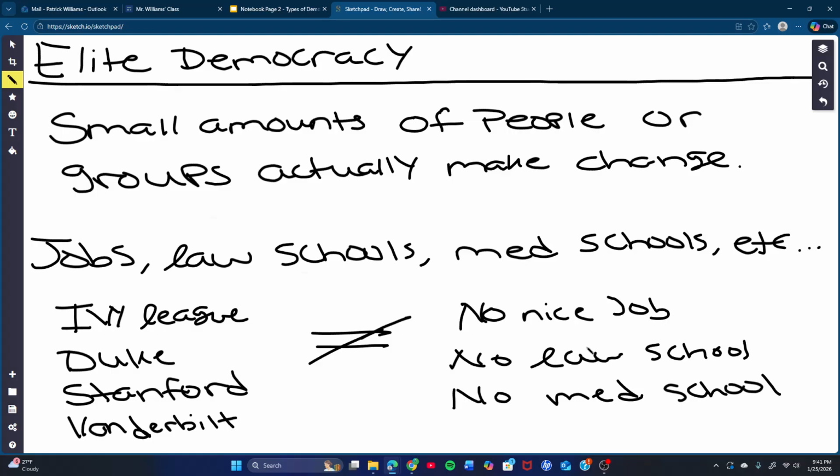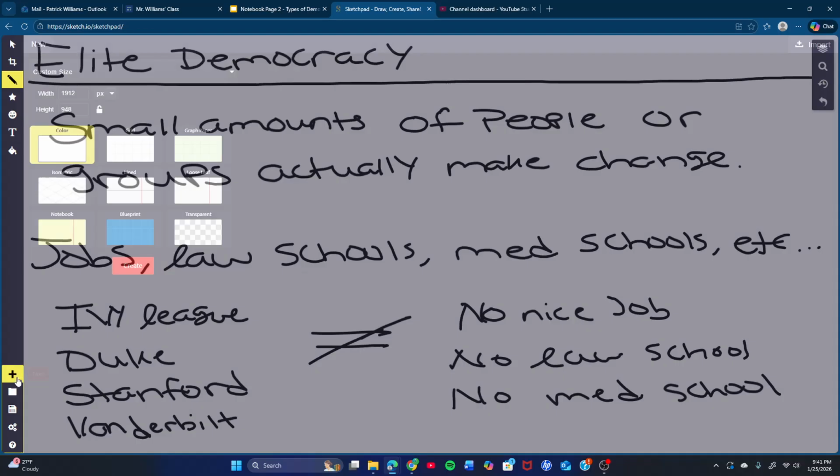That is what an elite democracy looks like. People who only achieve the top status get the nice things, and everyone else doesn't get to have anything. That's kind of what they're getting at in the elite democracy. Okay, cool.